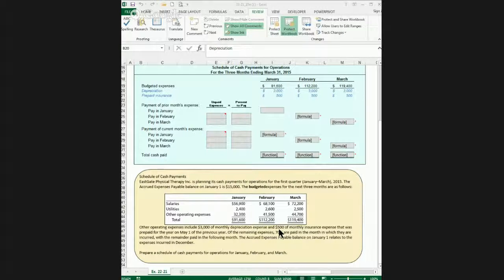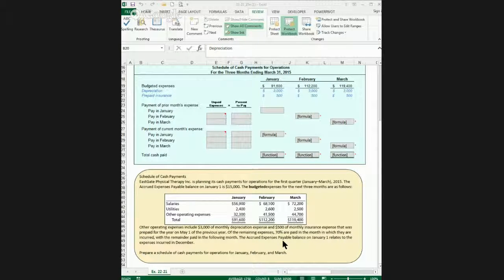In other words, in 2014, the company had paid 500 times 3, $1,500 of insurance for the months of January, February, and March of 2015. So since they have already been paid, these expenses do not represent cash outflows in January, February, or March.